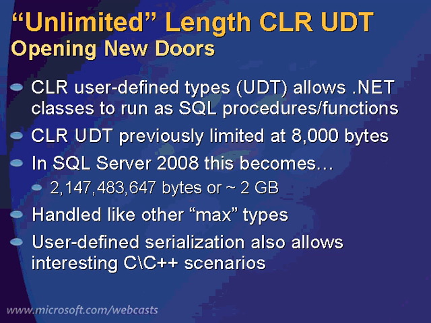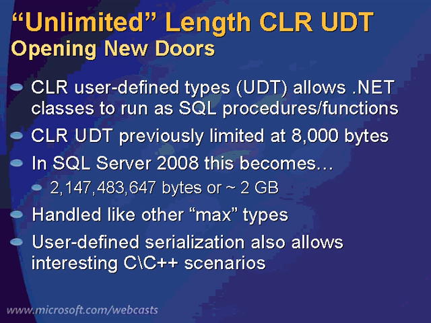So in those situations, that's just one example of when a user might choose to implement that, you would use a CLR user-defined type in SQL Server 2005. Now, the limitation in that release was that the byte serialization was limited at 8,000 bytes. So if you had an instance of data that needed to be larger than 8,000 bytes, you were effectively blocked from being able to take advantage of the functionality.